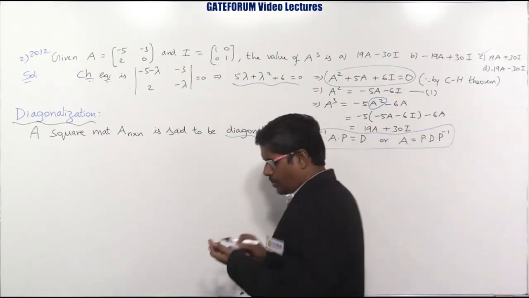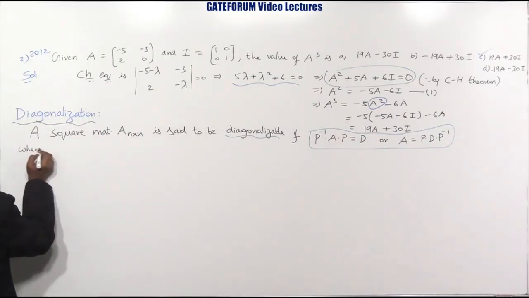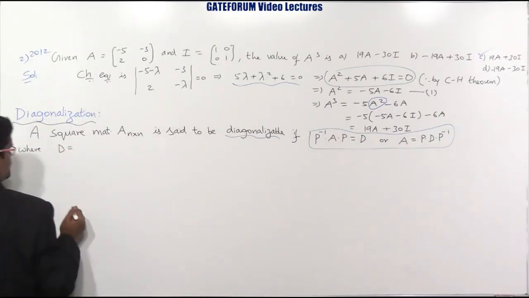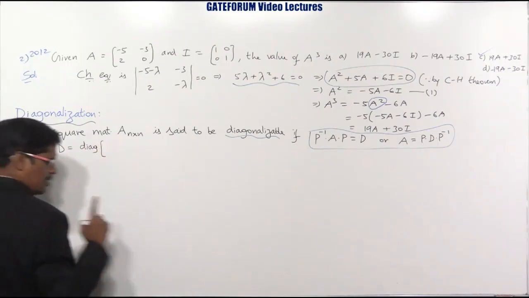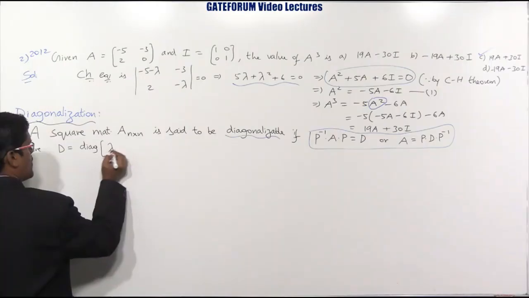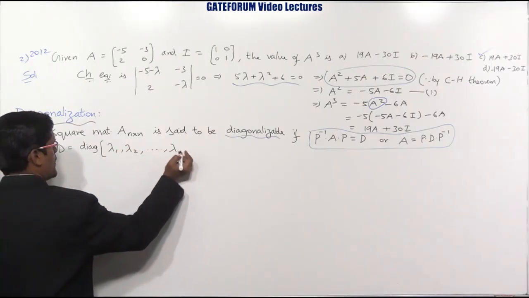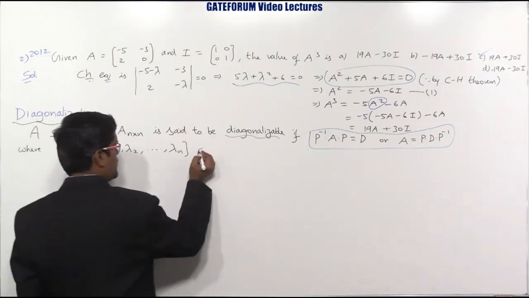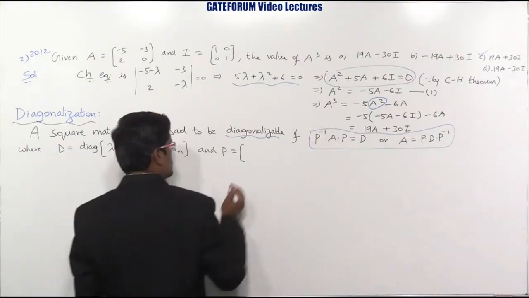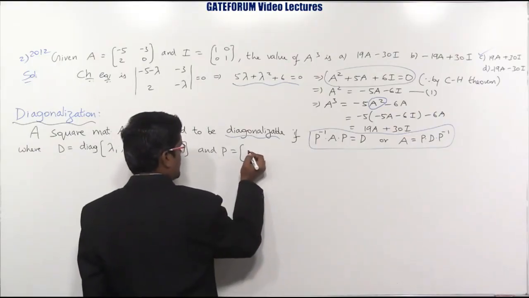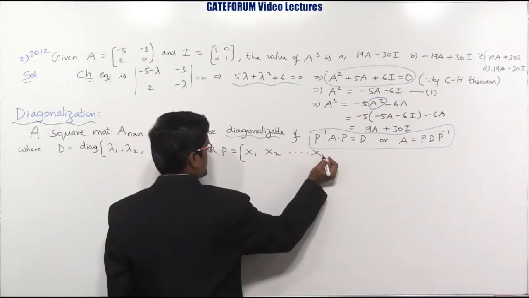We know A only. What about the other P and D? Here I am writing, where D is a diagonal matrix, that is, written by diagonal elements only: lambda 1, lambda 2, and so on, lambda n. And P is a matrix whose columns are linearly independent eigenvectors of the matrix A, that is x1, x2, and so on, xn.